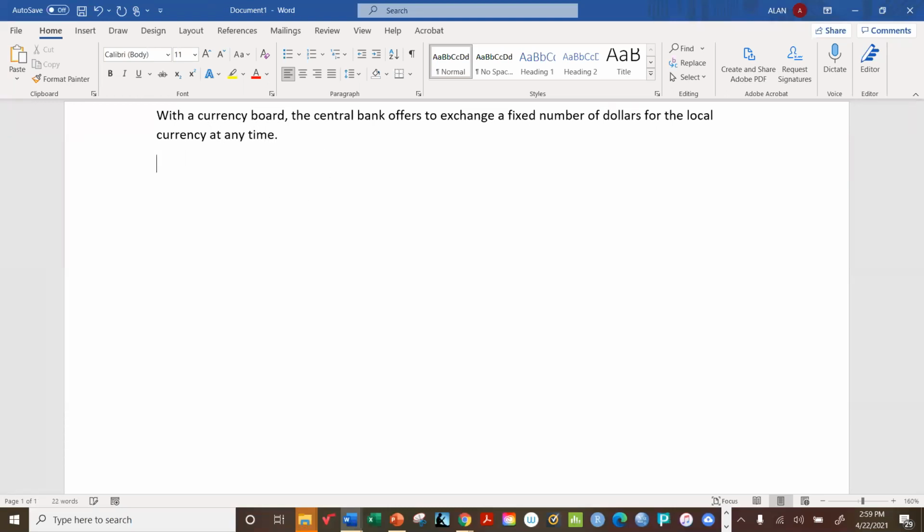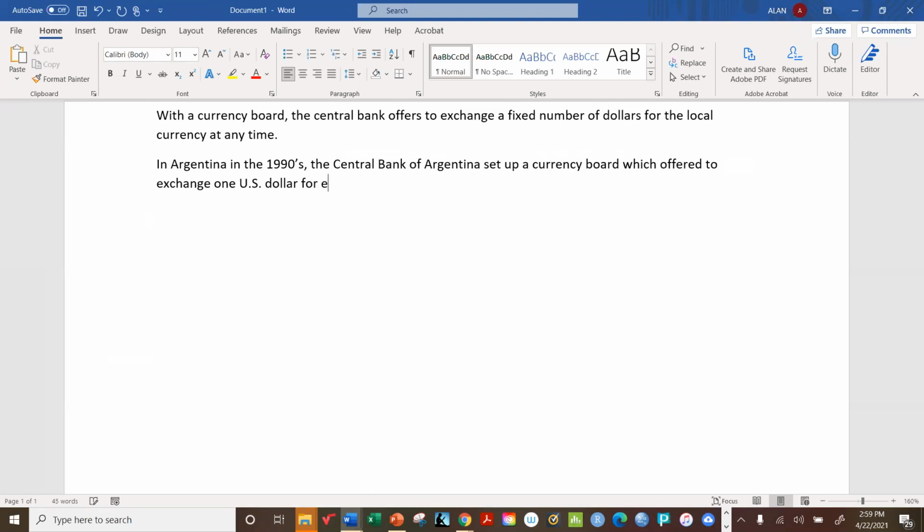So, for example, in Argentina in the 1990s, the Central Bank of Argentina set up a currency board which offered to exchange $1 for every peso that its citizens brought to the central bank.